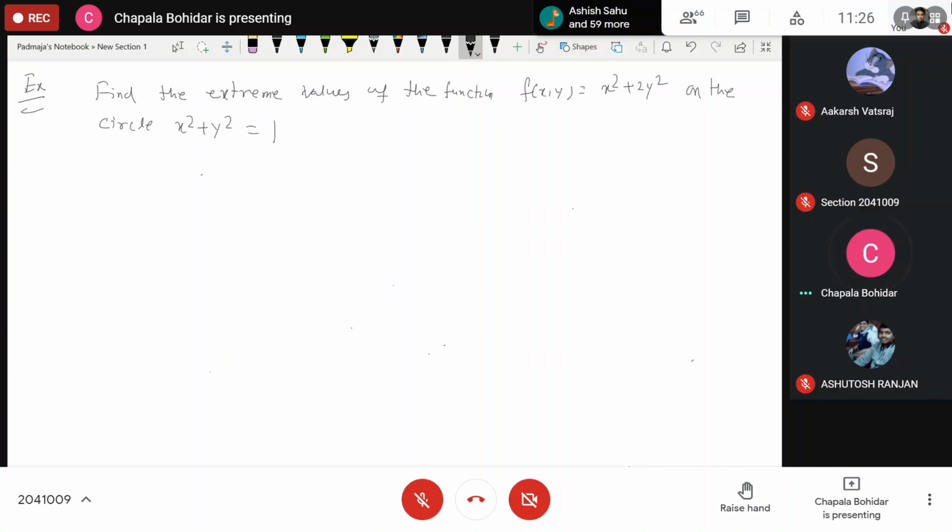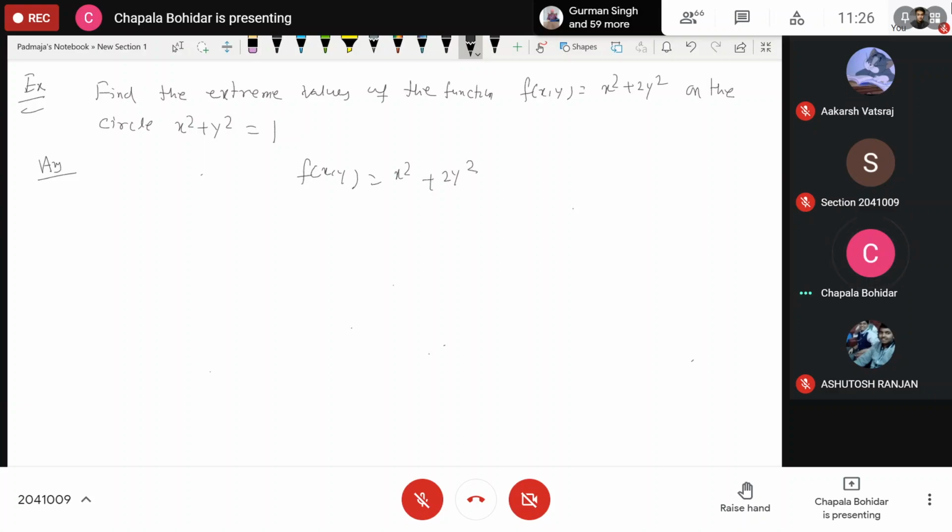So what is the constraint given? x square plus y square is equal to 1. Very good. What do you find out? The extreme value of this function. So f of xy is equal to x square plus 2y square.